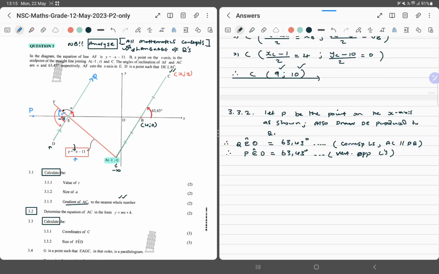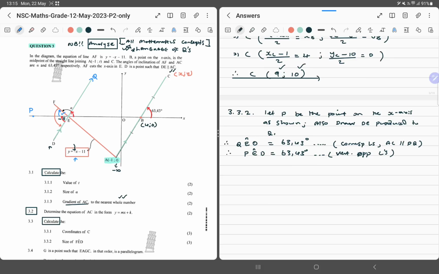As you can see here, they form a crisscross. That line DQ or QD forms a crisscross with the x-axis to form that vertically opposite angle. That's where we wanted to go.